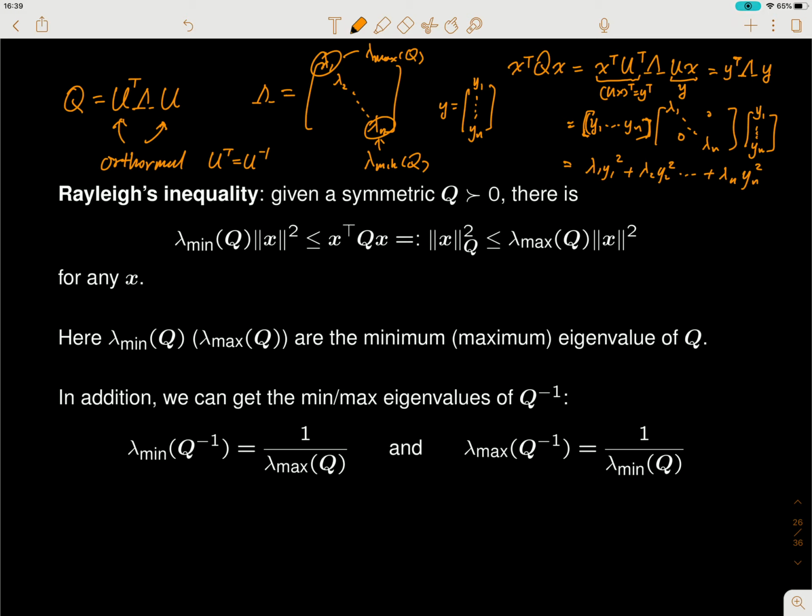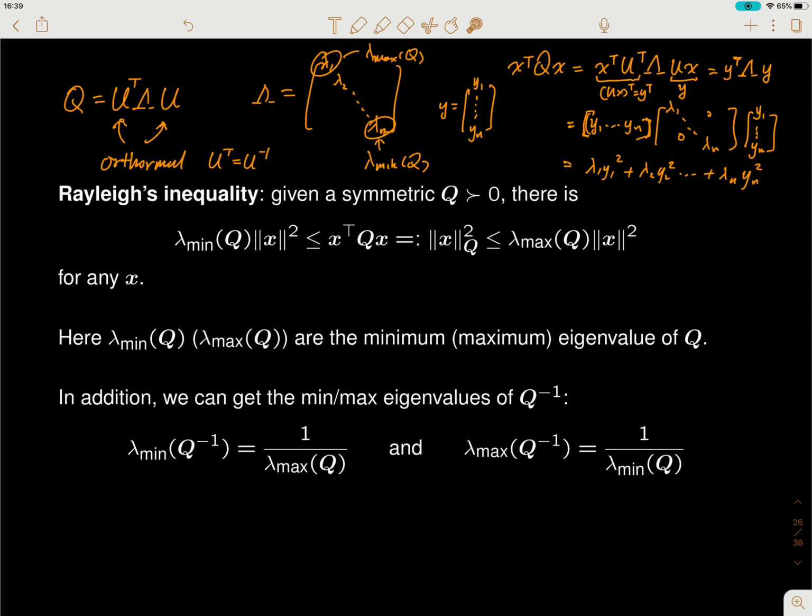Since we have a symmetric positive definite matrix, I know the lambdas are sorted in descending order from lambda 1 to lambda n. And since it's positive definite, all the eigenvalues are positive. Lambda 1 is the largest positive number here, and lambda n is the smallest.